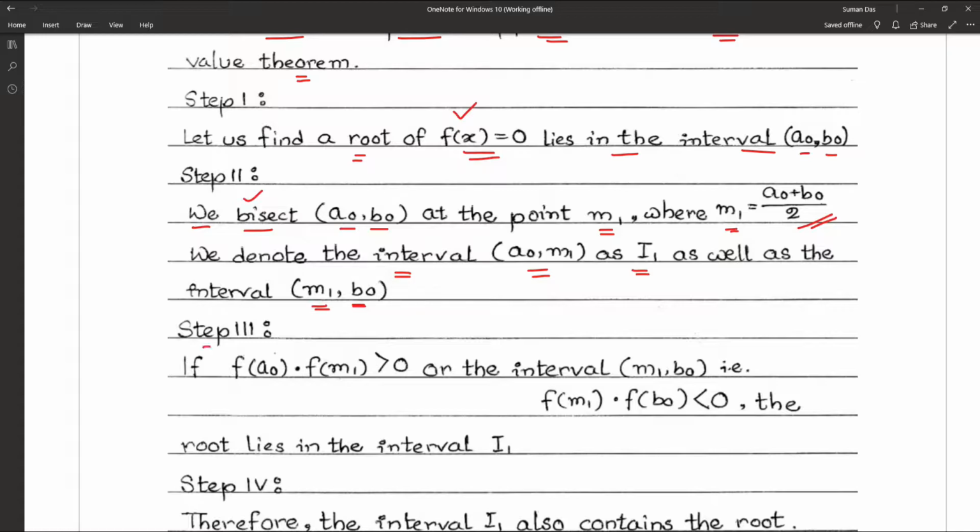Step 3: if f(a0) times f(m1) is less than 0, or for the interval (m1, b0), f(m1) times f(b0) is less than 0, then the root lies in that interval I1.